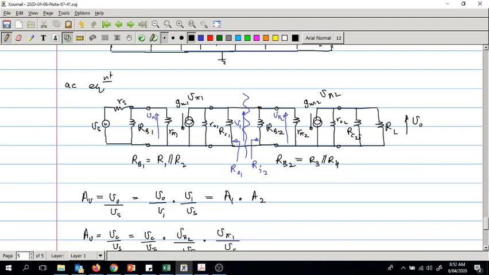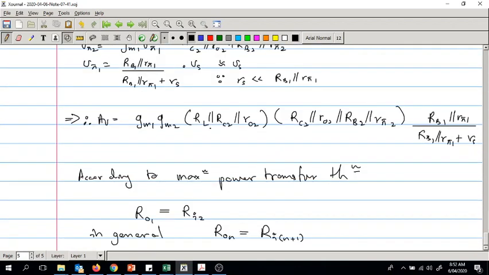So in this case, RB2 parallel r pi 2 should be equal to RC1 parallel Rout1. That is how it is by looking at the circuit. If you have that, you will get the maximum power transferred from one stage to the other.